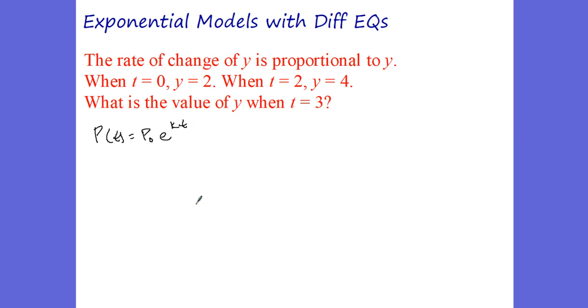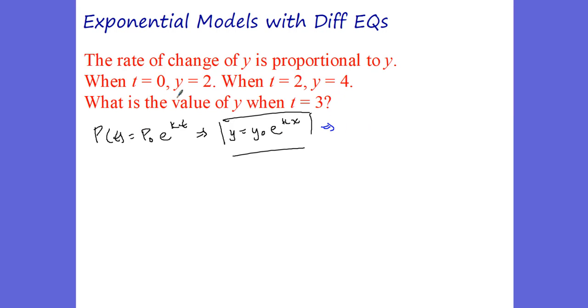I don't have to redo my general solution because I just did it. It might be easier to look at it this way, y equals y naught e to the kx, my general solution.